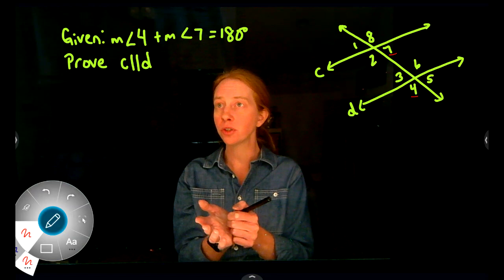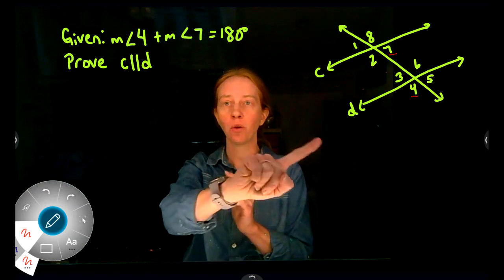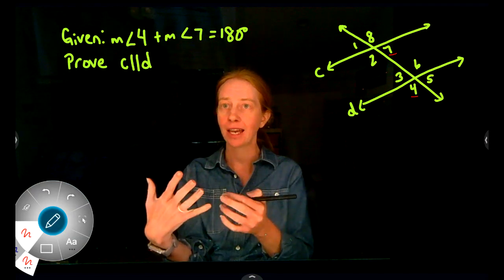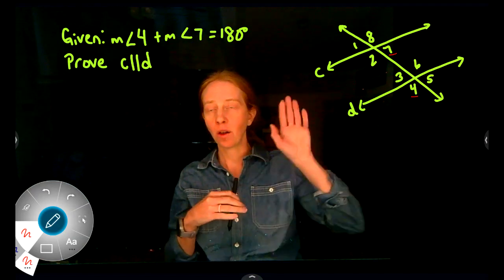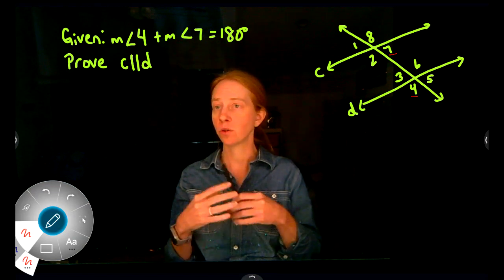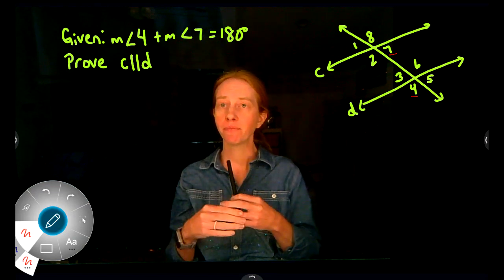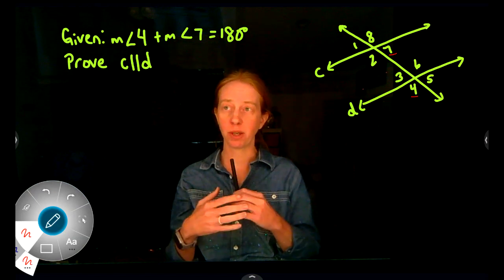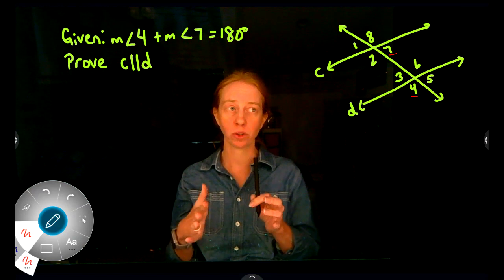Okay, we could also approach this with angle 4 and angle 8 in mind. Okay, so we could say that angle 8 and angle 7 are a linear pair, and so those are supplementary. And then we could say angle 8 and angle 4 are supplementary. So we kind of have a couple of ways to approach this.